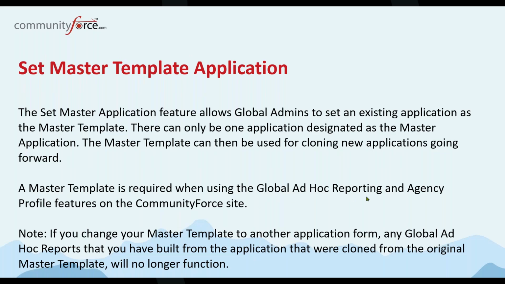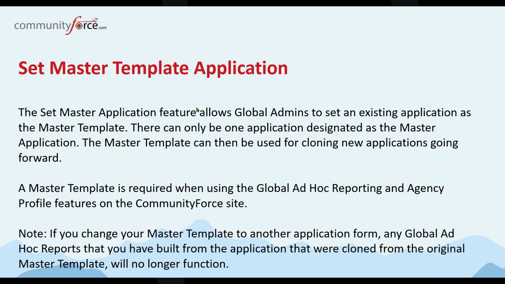If you don't have a master template, you can't use global ad hoc reporting, where it allows you to report across multiple application forms. It looks at the master template, looks for the fields you want to report on, then looks at the applications you've selected to be reported on and looks for that field. If it doesn't see that field in the applications, it's not going to report on it.